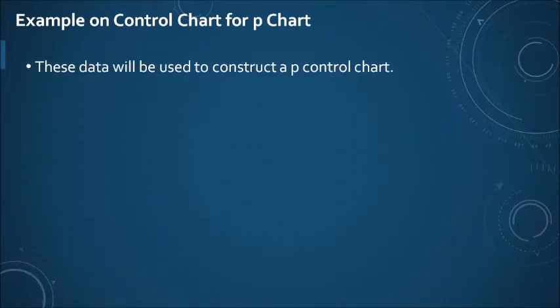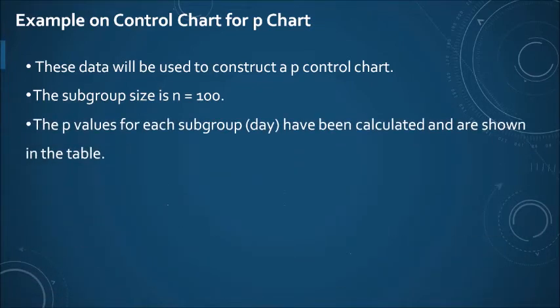As I told you, this data will be used to construct a P control chart. The subgroup size is n equal to 100. Every day the sample size is 100. The P value for each subgroup, that means for each day, has been calculated and is shown in the table.